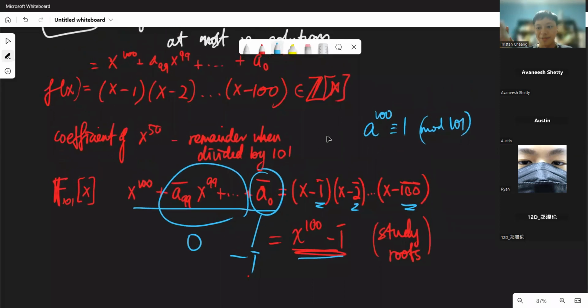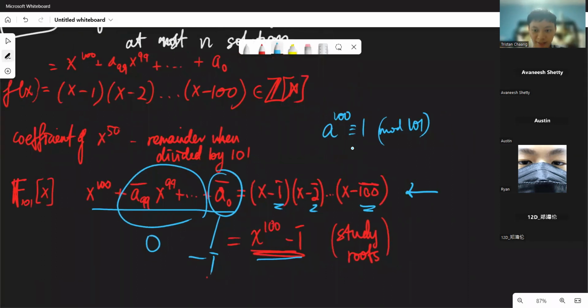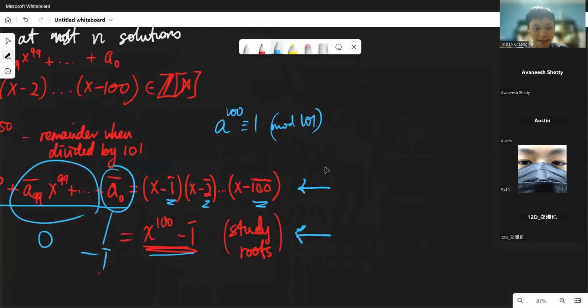Does anyone not understand what I'm saying here? If you do understand, okay, wait, can you repeat why the two polynomials are the same? Okay, you mean this one and this one? You mean these two, right? Okay.